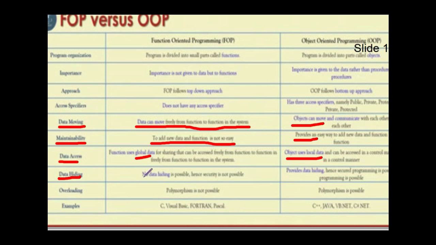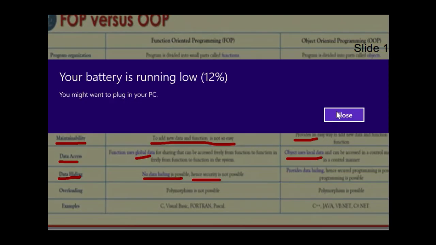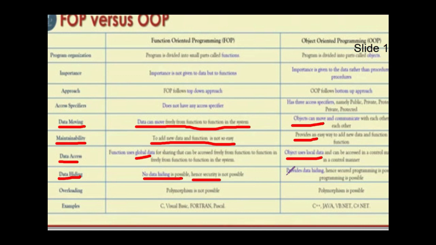Next, the concept of data hiding. In function-oriented programming, no data hiding is possible, hence security is not possible. It is a major issue, which is covered by object-oriented programming by providing data hiding. Hence, secured programming is possible. Next, overloading.